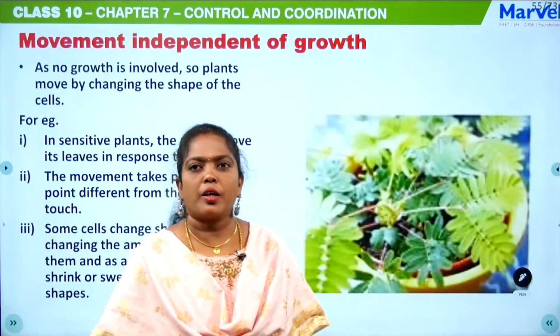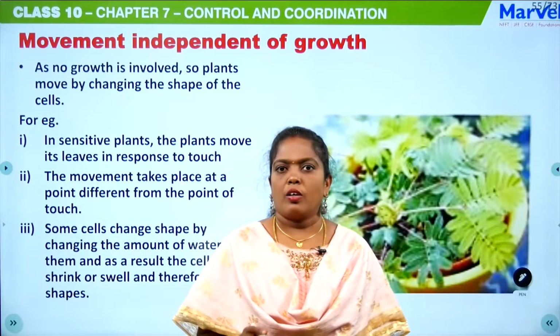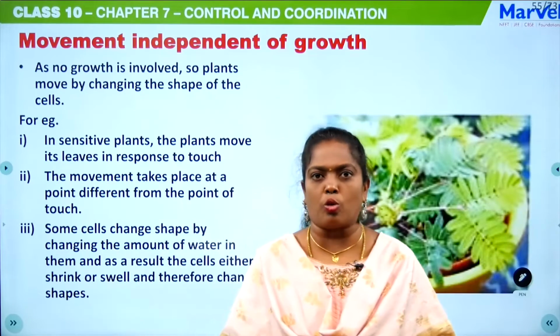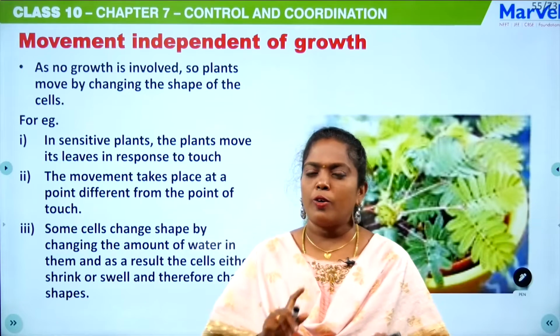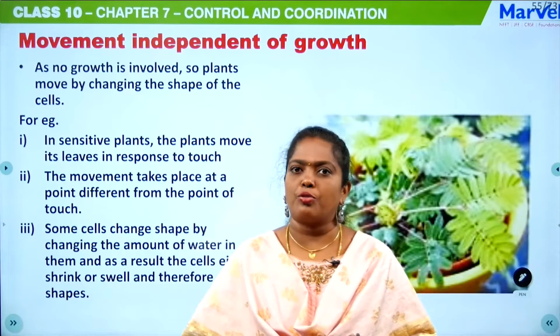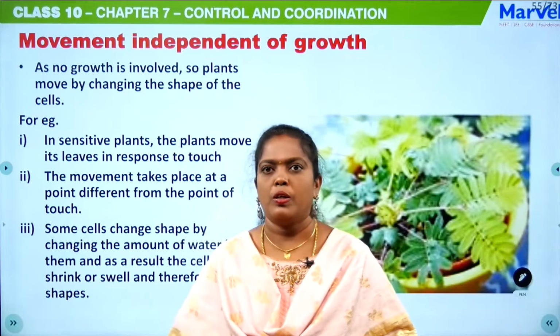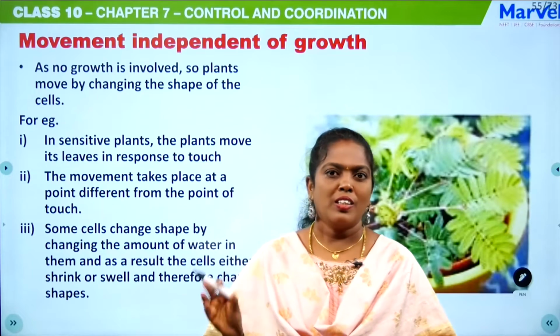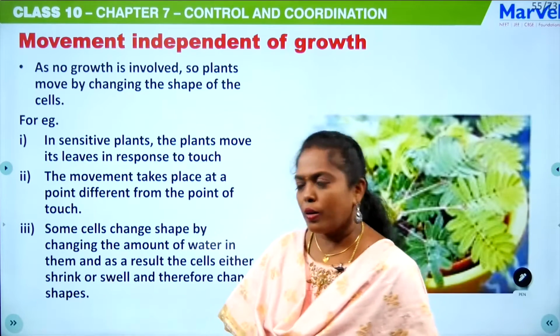So far we have seen the movements which depend on growth: phototropism, geotropism, hydrotropism and chemotropism. Now we will see the movement which is independent of growth, which has nothing to do with growth.